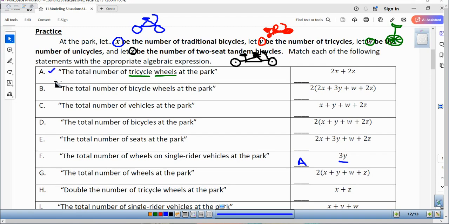Now let's look at B. The total number of bicycle wheels at the park. Well, I want us to go back to our definitions of what these letters, these variables, are representing. Because I don't know about you, but Y, which represents tricycles, the number of tricycles are not bicycles.